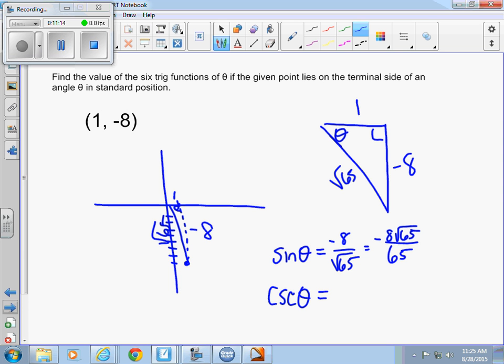It keeps you from having to rationalize twice. So just use the square root of 65 over negative 8. Does that make sense?